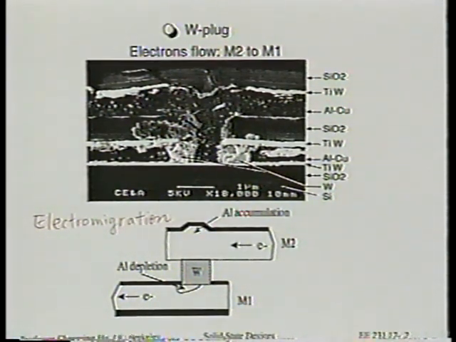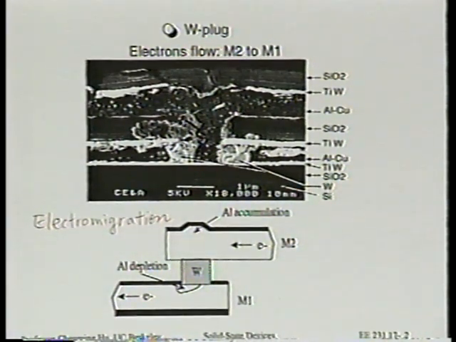What that means is that when electrons flow through the interconnect, it can give some momentum to the metal atoms and therefore cause metal atoms to shift. And as a result, voids, holes can be created in the metal and the resistance increases. In special cases, you can even have open circuit, but usually the failure is caused by an increase in the resistance.